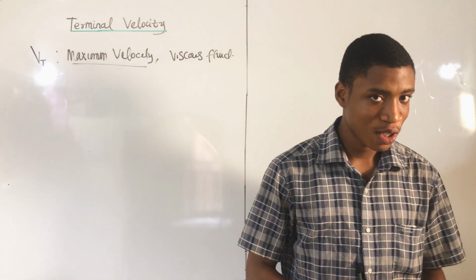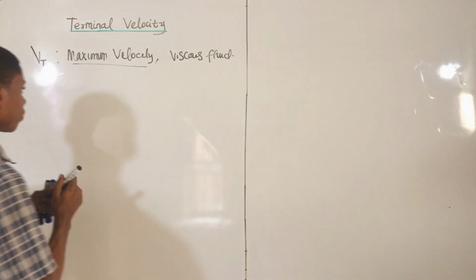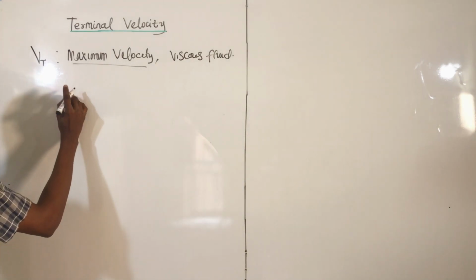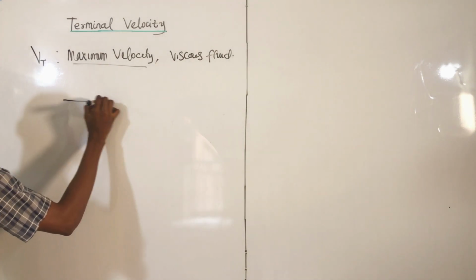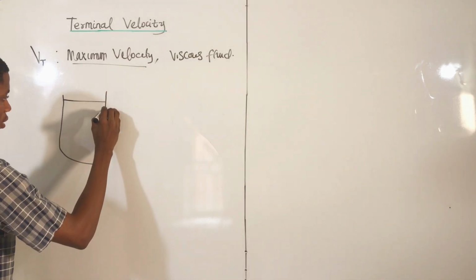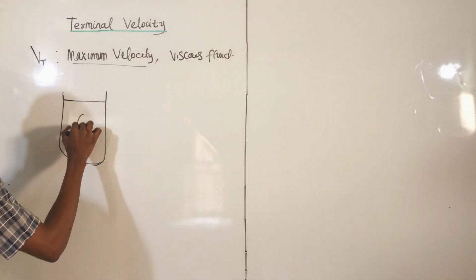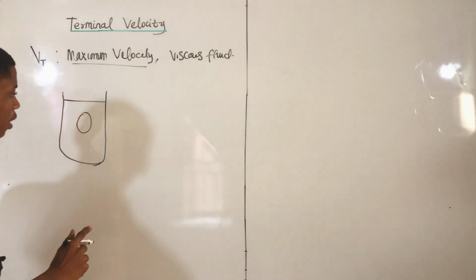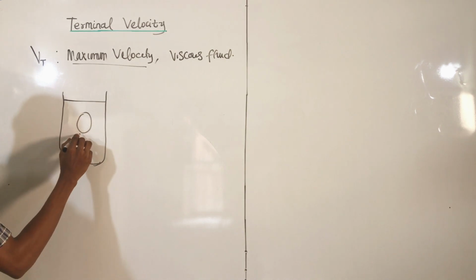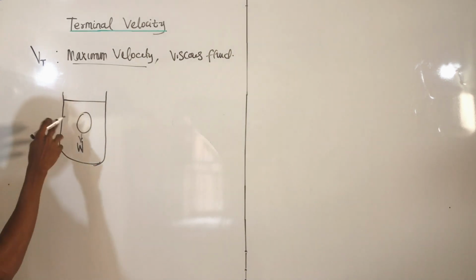Now let's illustrate this with a diagram. Now let's pick a cylinder object, or let's say we have this as the object, and let's say this is the body, and of course the body should have a weight, which is the weight of an object.